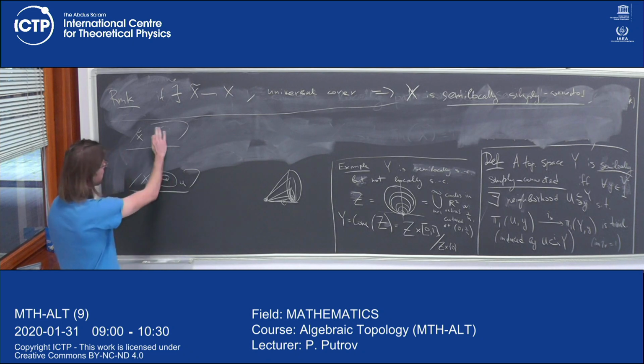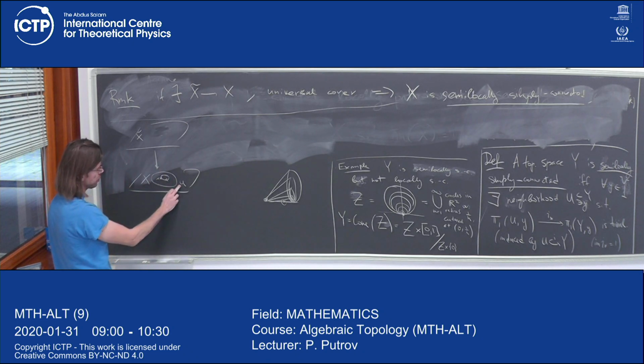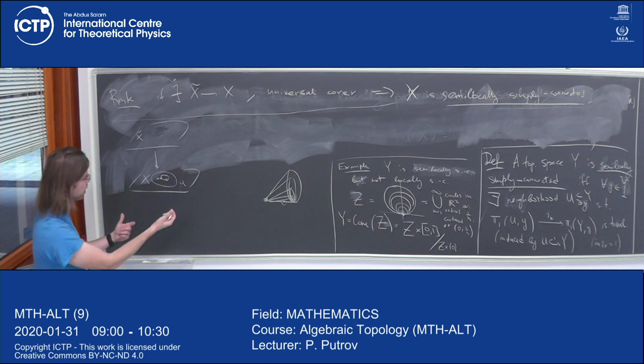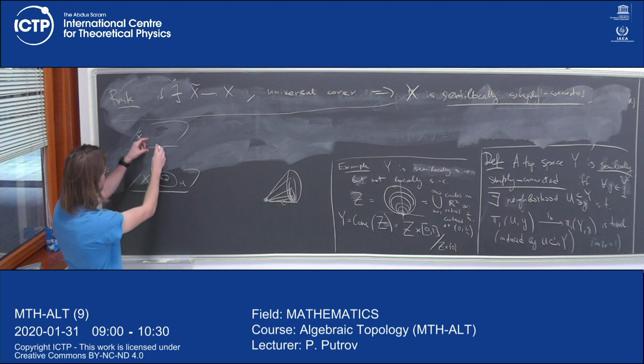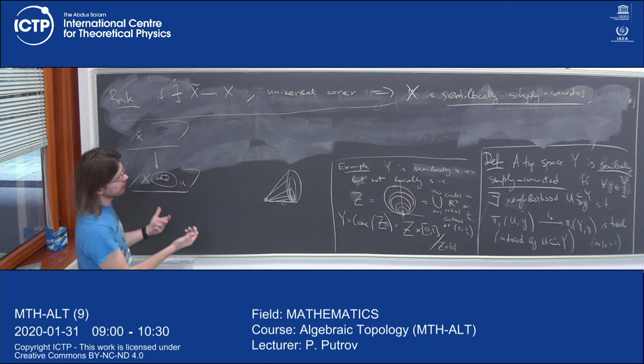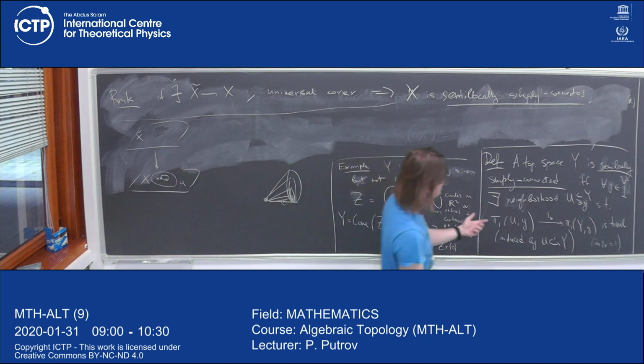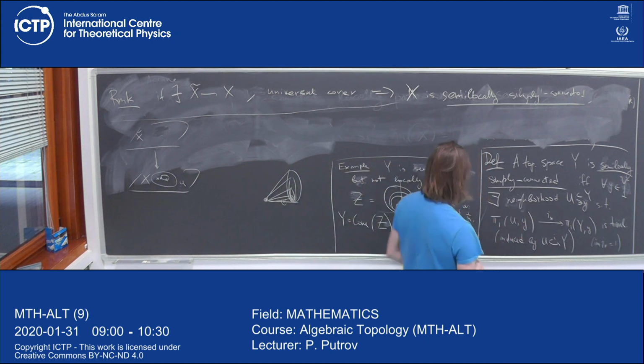The point is I can take this neighborhood to be sufficiently small so that it's evenly covered. In particular, I can take the intersection of this neighborhood and an evenly covered open neighborhood, which still should satisfy this condition.